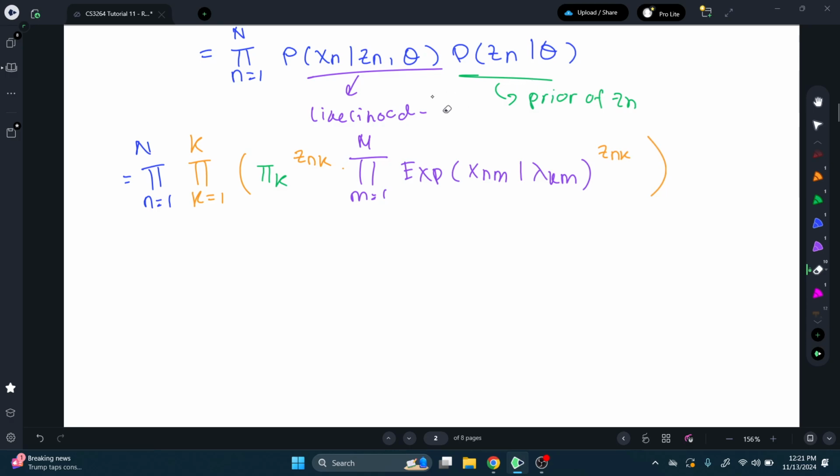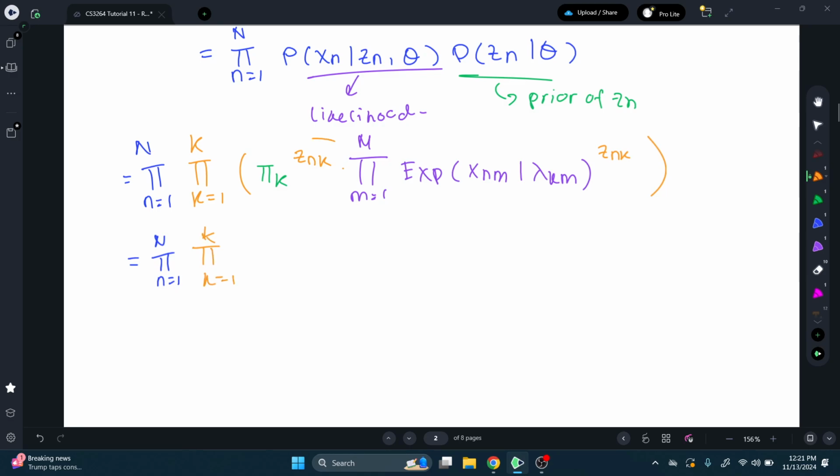Try to make sense of it: this znk would be 1 for the assigned label, and 0 for the ones that are not assigned. That's why this product will eventually just be your pi k as well as your product here for that single label. Then now I can combine everything into one single power.